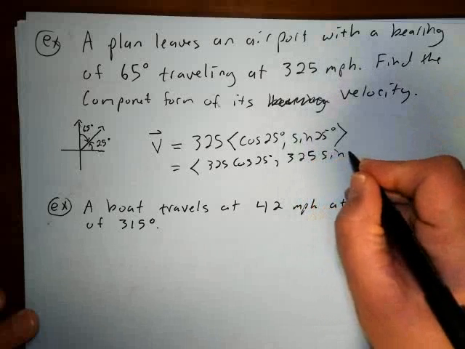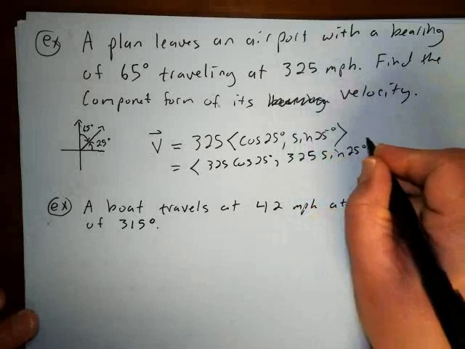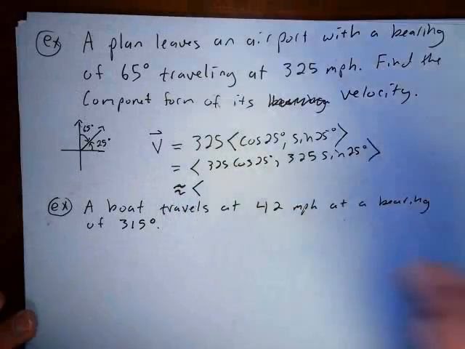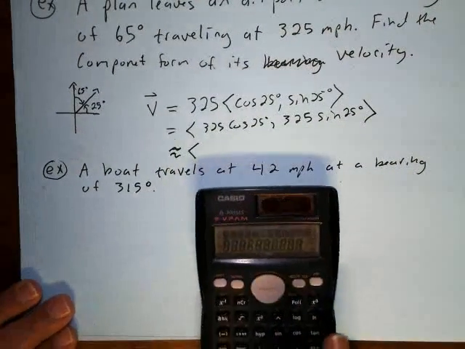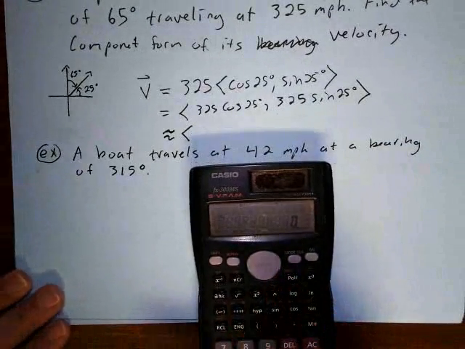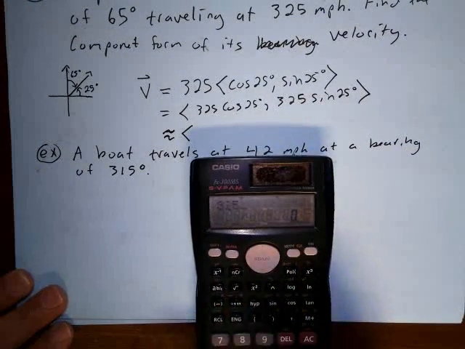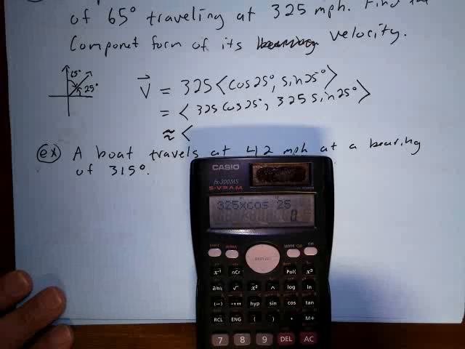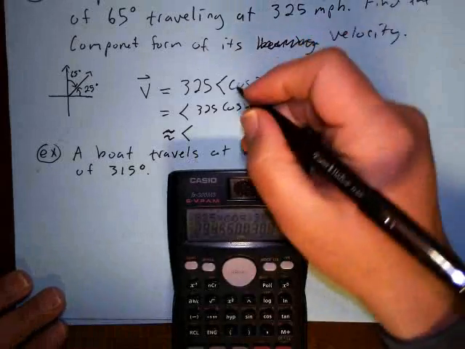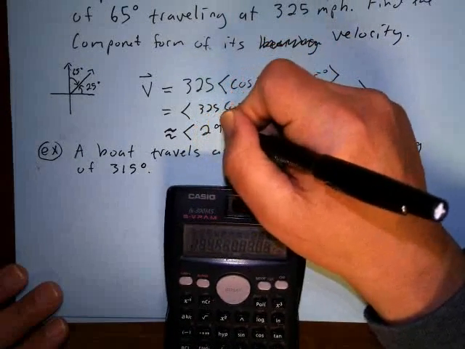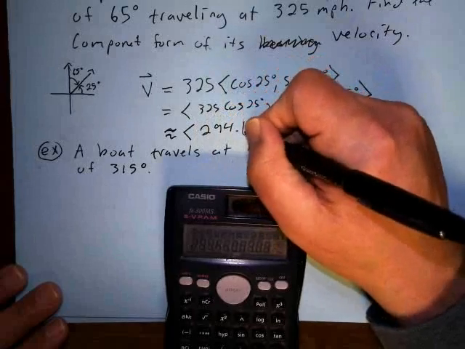And this would be approximately, in decimal form, 325 times the cosine of 25, which is 294.6.